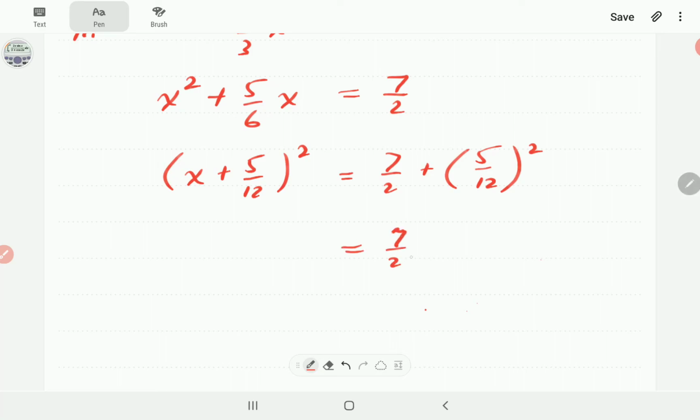So 7 over 2 plus 25 over 144. If we write this as a single fraction, it works out to 529 over 144.